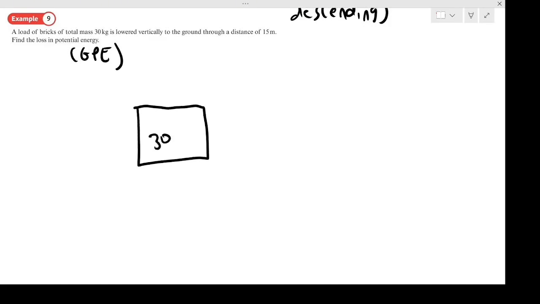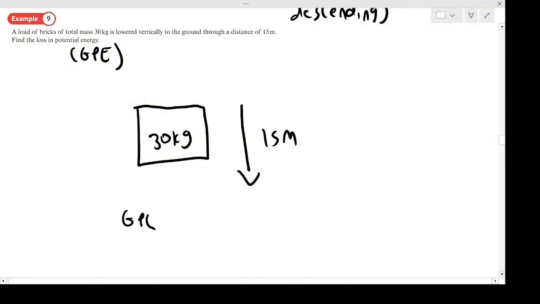The mass is 30 overall, and it's being lowered vertically, so it's going down. The distance down is 15, so that's the height downwards. Therefore my GPE again is going to be mgh. My mass is 30, g is 9.8, and the height is 15.